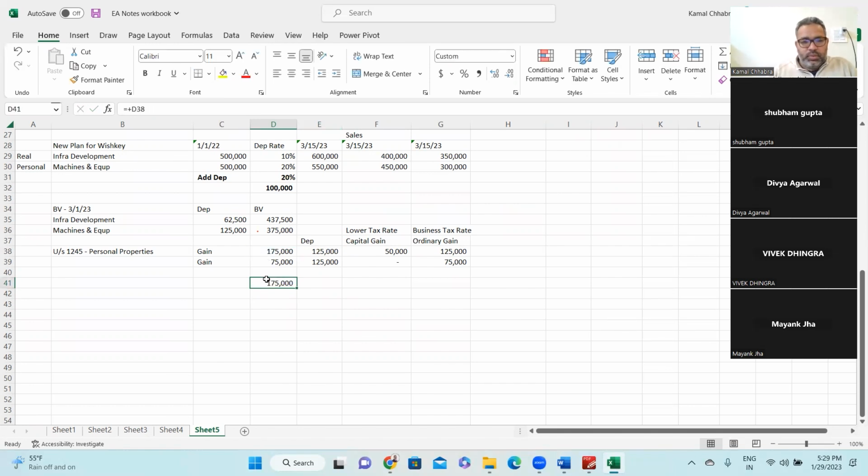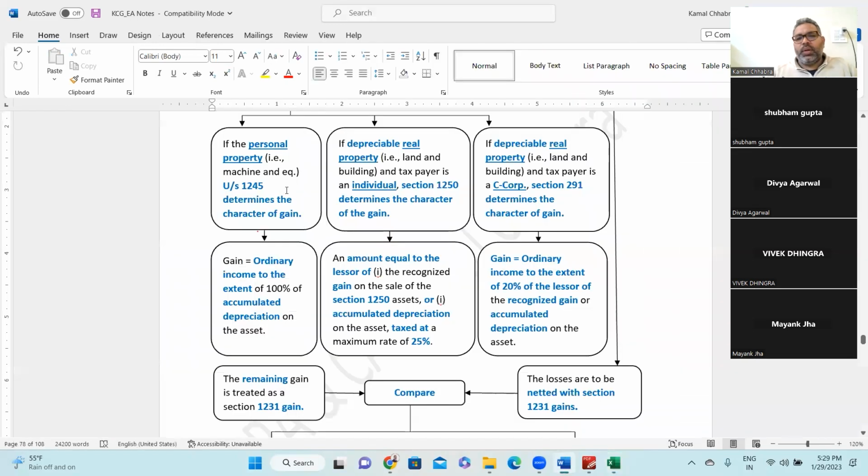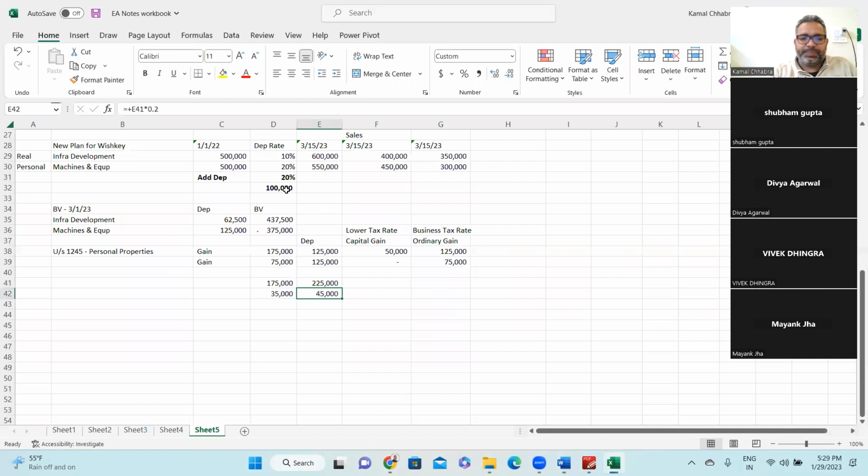So here let's go with this one, plus additional depreciation. So this multiplied by 0.2, 20%. So here what it says, gain is equal to ordinary income to the extent of 20% of the lesser of recognized gain or accumulated depreciation.